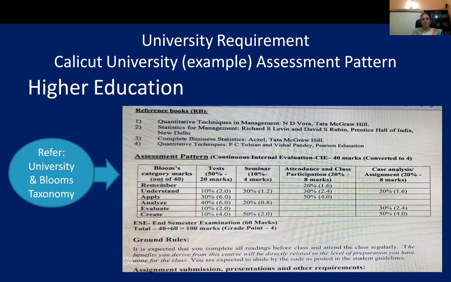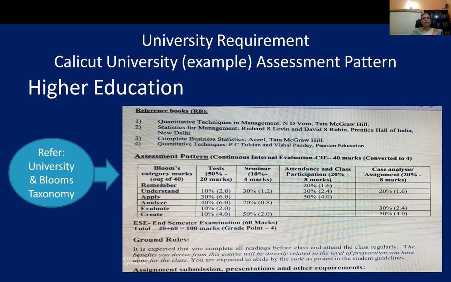Coming to the higher education scenario, the continuous formative assessment is conducted as per the university assessment pattern. Let's consider the assessment pattern of Calicut University as an example. Here, the continuous internal evaluation of students is assessed through tests, seminars, attendance and class participation, and case analysis or assignments.